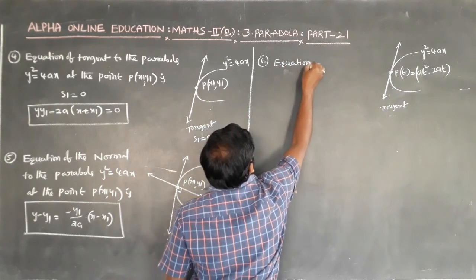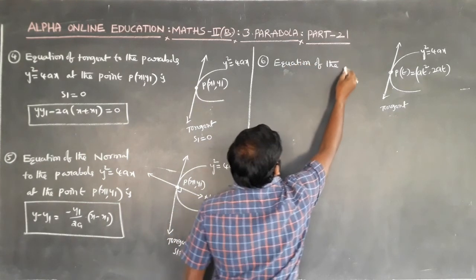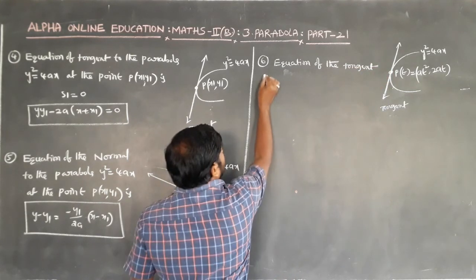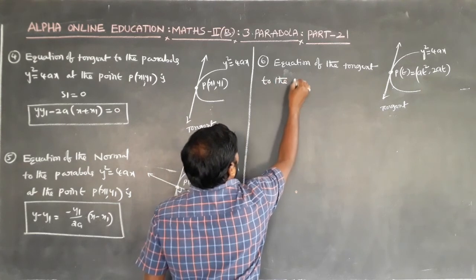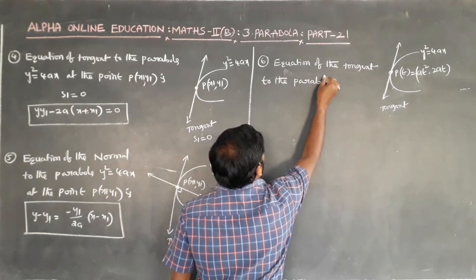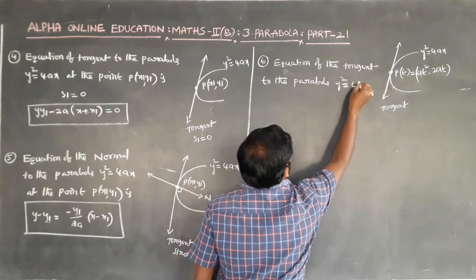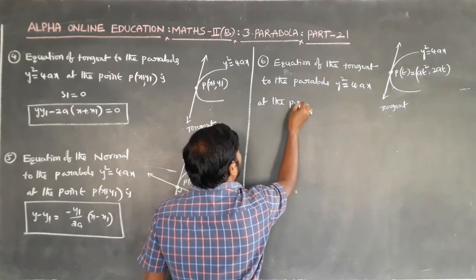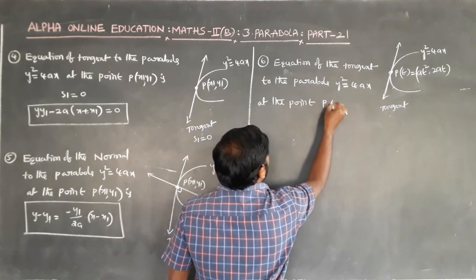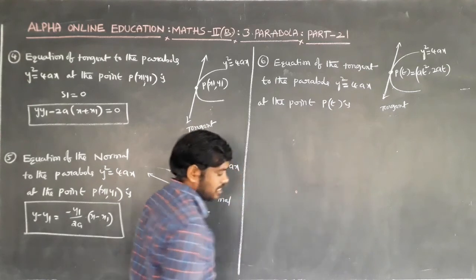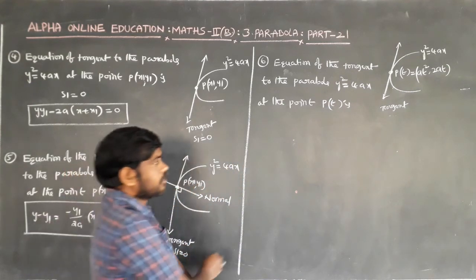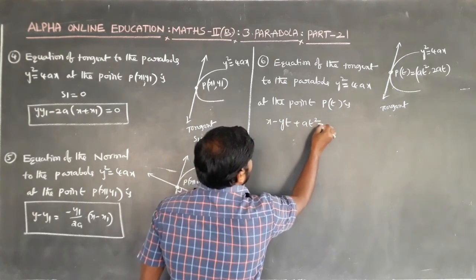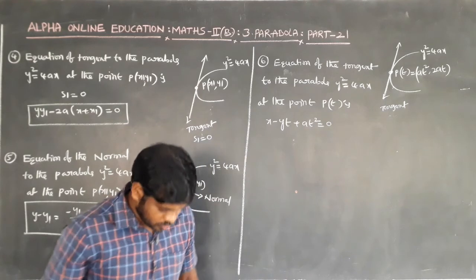Equation of the tangent to the parabola y square is equal to 4ax at the point P of t is x minus yt plus at square is equal to 0.